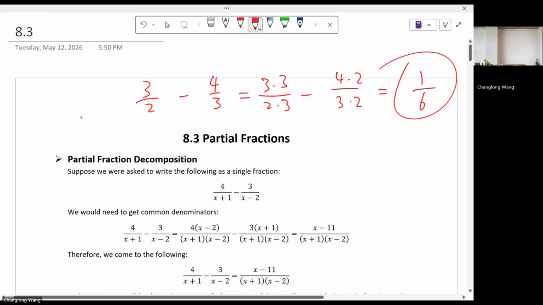Okay. Now, do you see that the process of going from a whole bunch of fractions adding and subtracting to a single fraction should be the same, or the idea behind it should be the same, as going from a single fraction and breaking it down into multiple fractions? Do you think that algebraically they should work out the same way? It's like, if you know how to get here from your home, do you know how to go back?